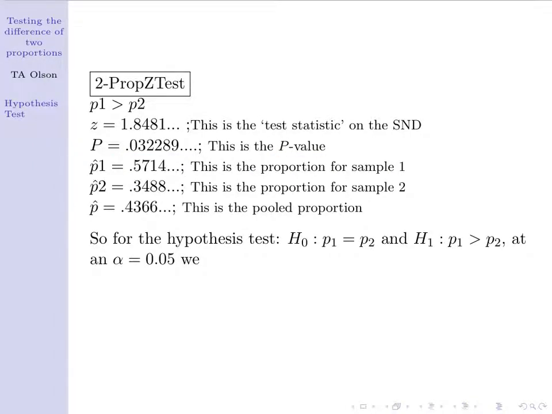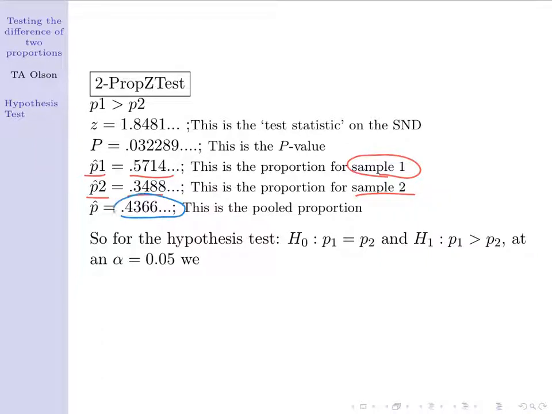Our other values that it outputs: P1 hat is the proportion for sample 1. So about 57.14% of math majors that she asked played musical instruments. P2 hat is the proportion for sample 2. So about 34.88% of English majors played a musical instrument.